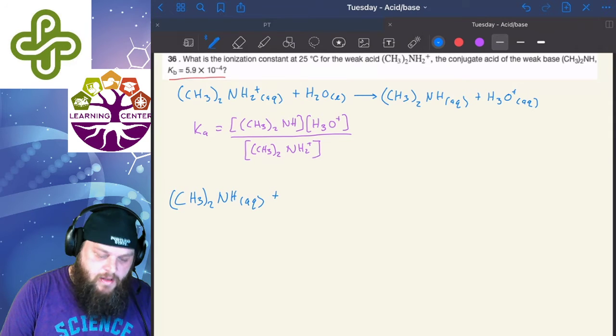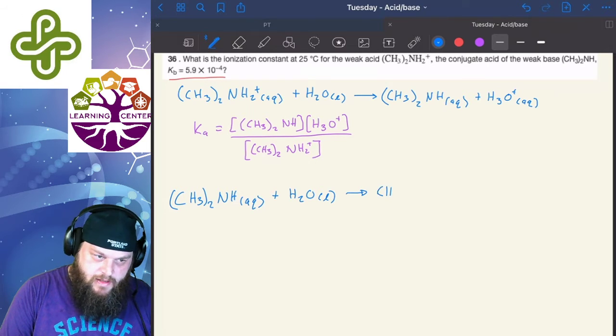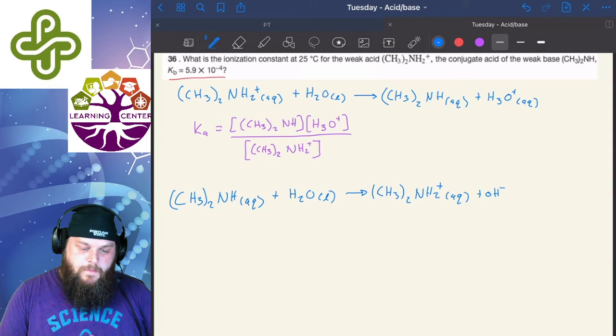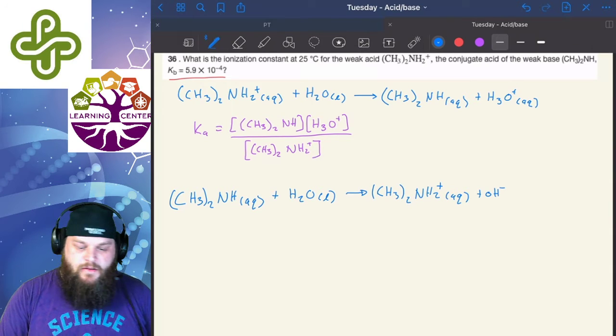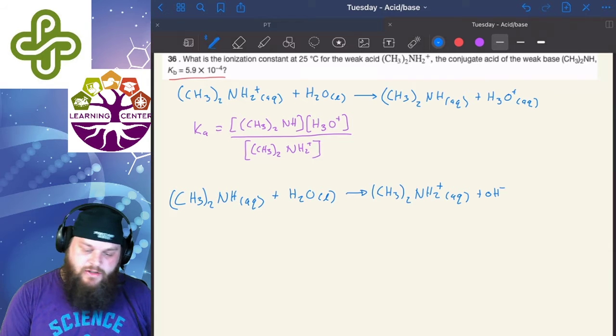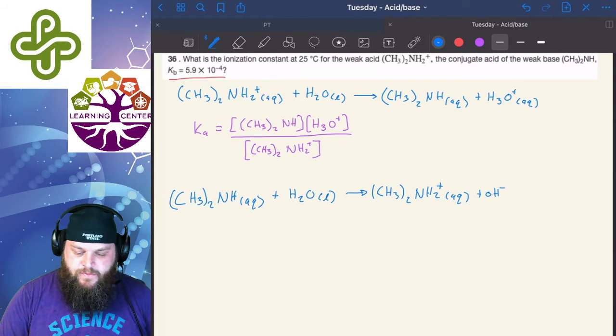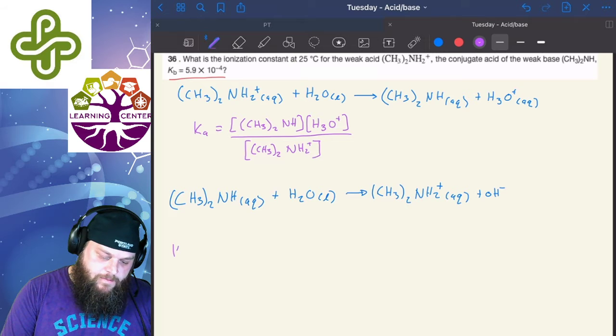Plus, in this case, it's still water, to produce the (CH3)2NH2+ aqueous plus OH minus. So that compound is reacting with the water to make a hydronium or hydroxide, going back and forth depending on whether it's the conjugate base or the acid.